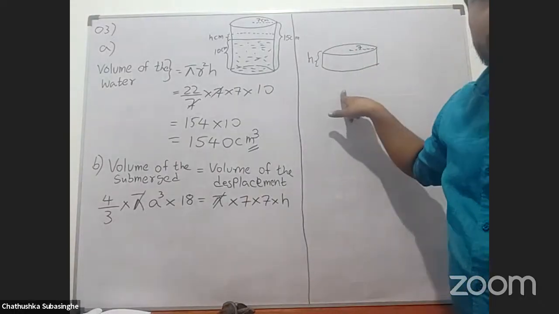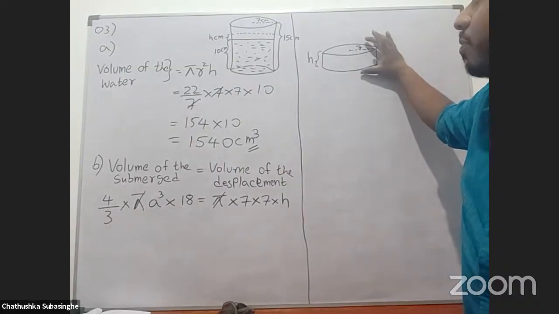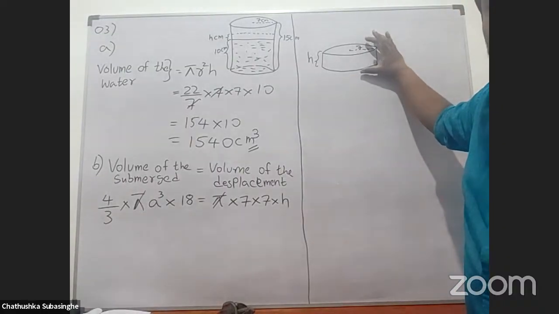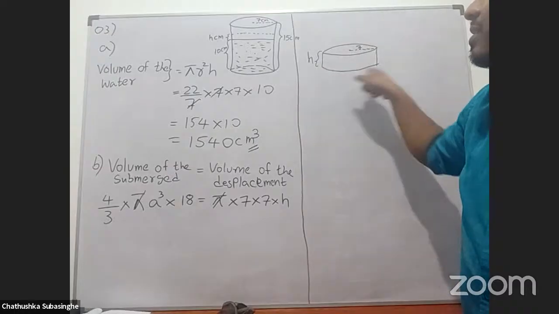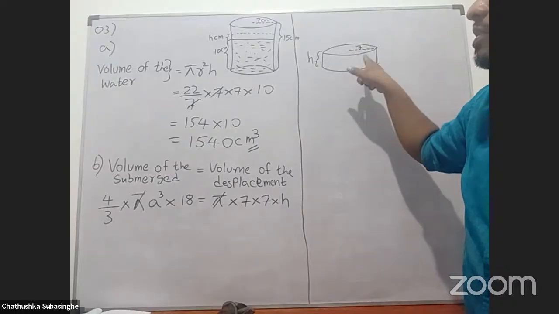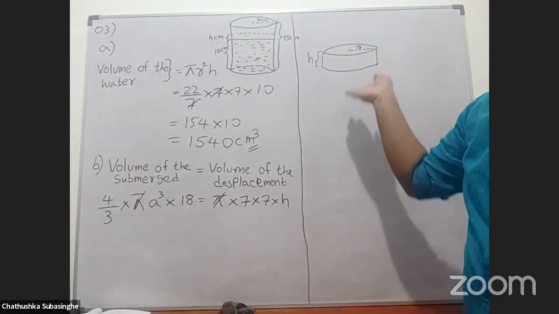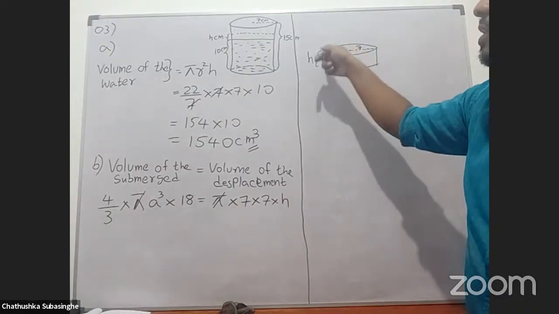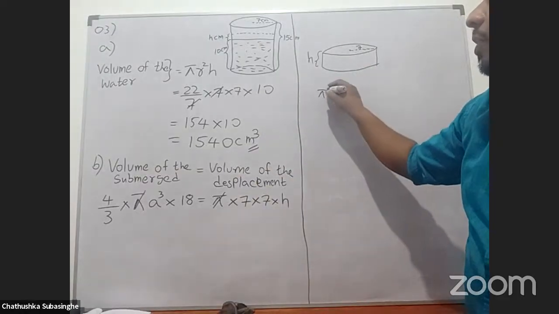So now, Roshini, I use this one. This is the amount of water which comes up because of the submerged spheres. So we can find the volume of this. How? This is a cylinder. How do we find the volume of the cylinder? Pi r squared h. Why? Cross-section area into height. Cross-section area is a circle. So the circle we can find by using pi r squared.